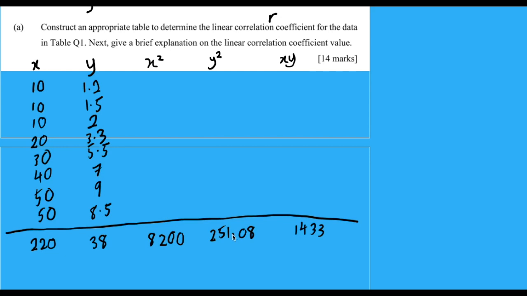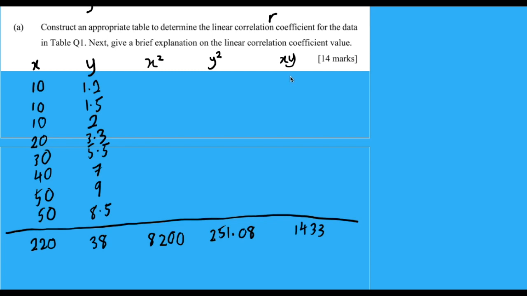And finally, when I finish all of the exam questions and I still have the time, then only would I insert the values of x squared, y squared and xy. Because to write out the values, it takes a lot of time. And it's okay if you miss a few marks not writing out the value, rather than missing out a few questions because you didn't have time to finish up your questions.